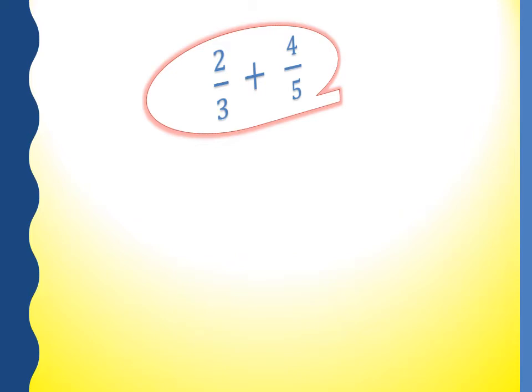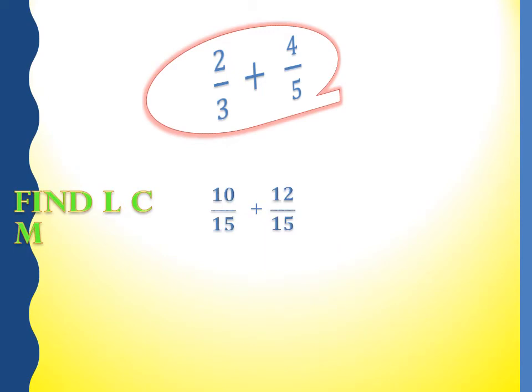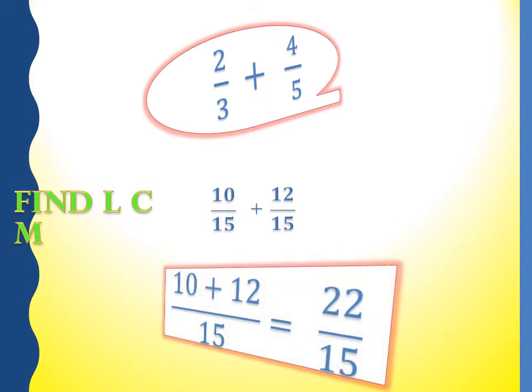I should have a common denominator. I can find it by getting the LCM, the lowest common multiple, for these two different denominators. Like this example here, the lowest common multiple for 3 and 5 is 15. This way, I can find my new numerators and add simply.